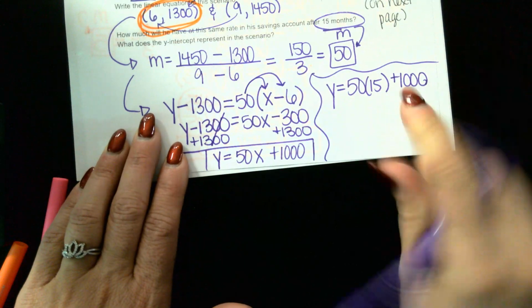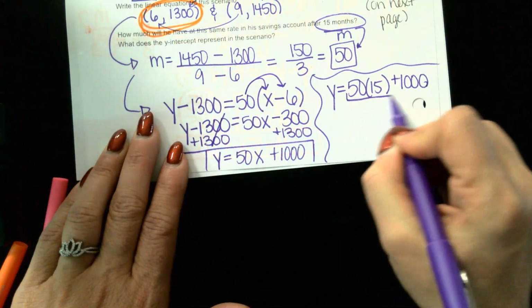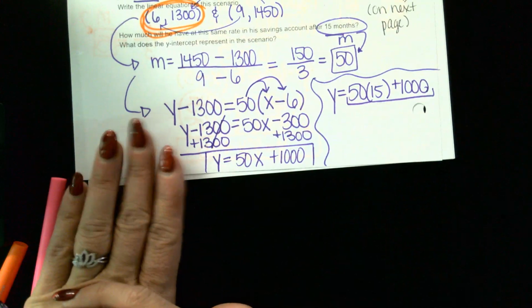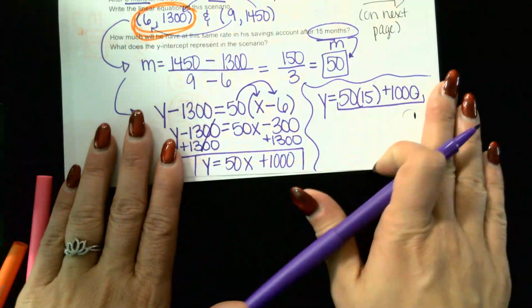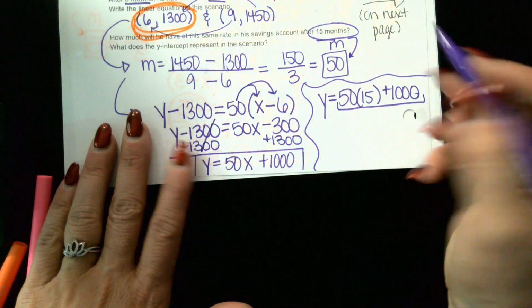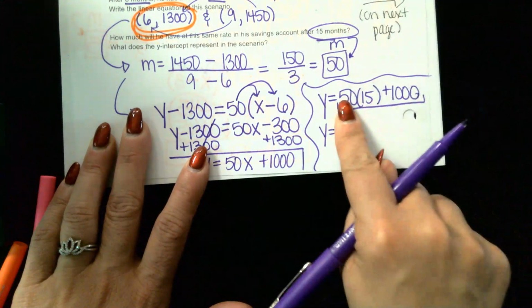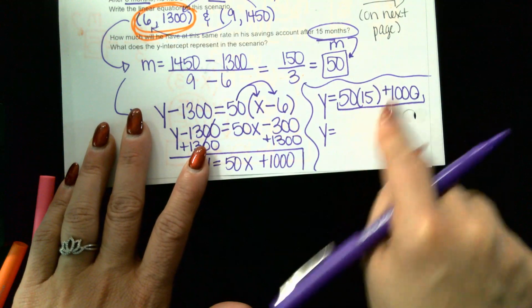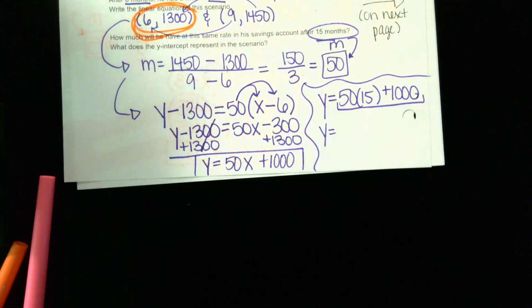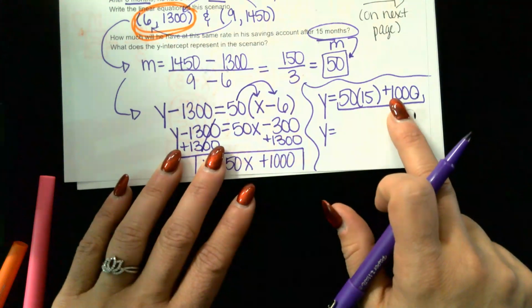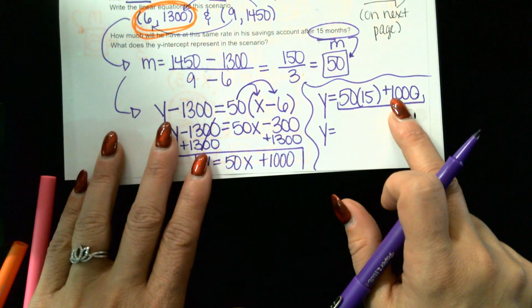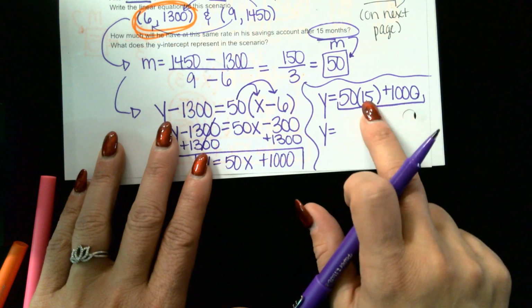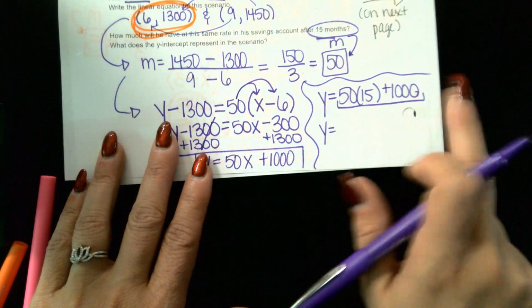Good news is once you put that in there, you guys can type this whole thing into your calculator at once. Those calculators do order of operations for you. So just type in 50, parentheses 15, close it, and then put plus 1,000. Did you add 1,000 to it? Do 50 times 15 plus 1,000.